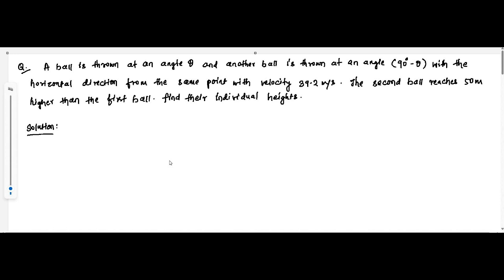Okay, so first let us write the important things here. The whole question revolves around maximum height. So the formula for maximum height, H max, is equal to u square sine square theta by 2g. U is the initial projection velocity, theta is the angle with respect to the horizontal axis, g is acceleration due to gravity.